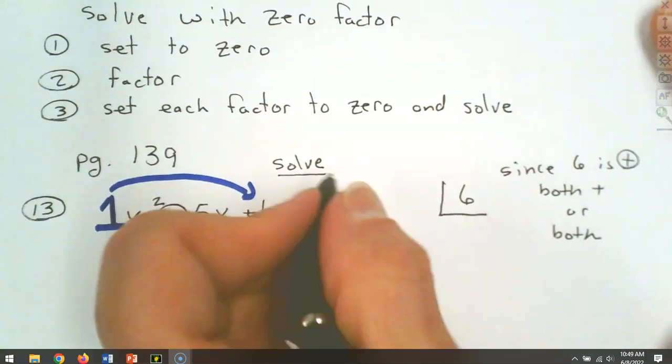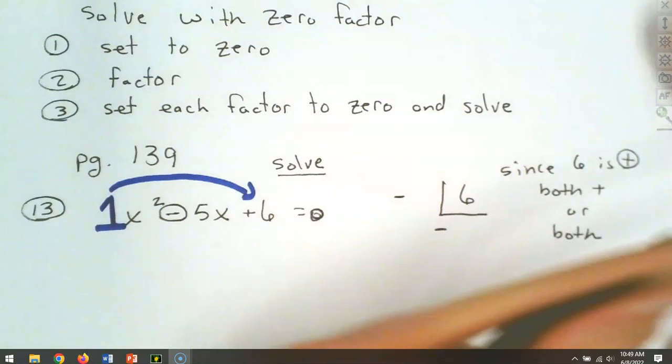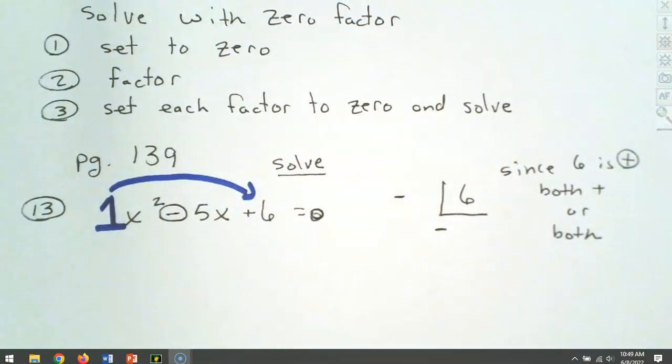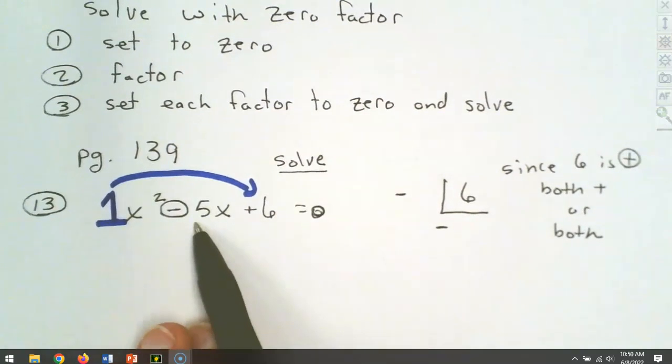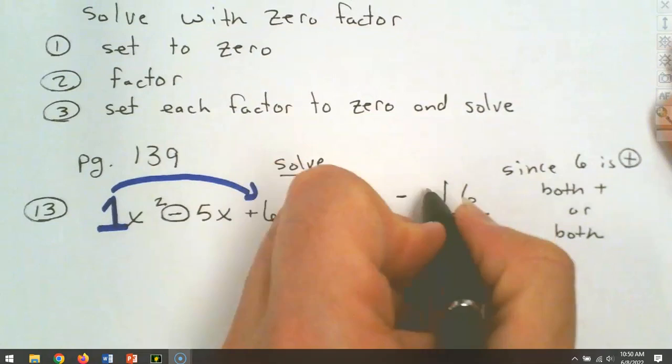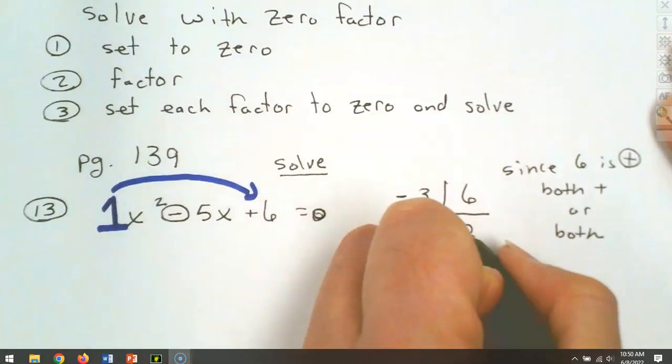Negative. So what do we know? We know then that both numbers are negative. Okay, so what two numbers now? Let's see if we can remember the pattern. What two numbers multiply together to give you 6, add together to give you 5 in the middle? 3 and 2. Okay, 3 and 2. So we use a negative 3, and we use a negative 2.